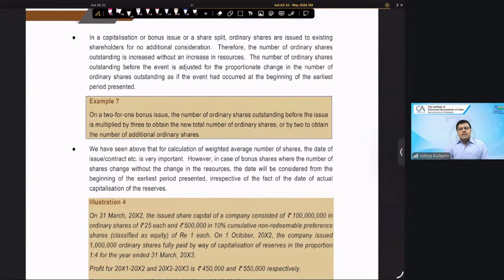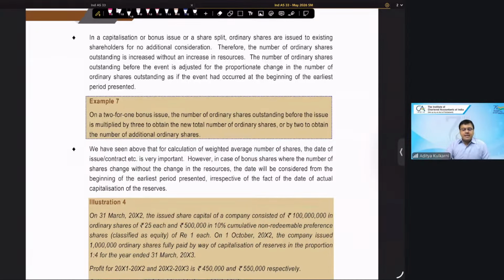The shareholders are having X number of shares and they get additional shares without having to pay any consideration. That is effectively your bonus. So, for example, you have so many companies which give out bonus shares now. Say you have 5 shares, and for every 5 shares you get 1 share. So now instead of 5, you will have 6 shares. That becomes your bonus shares.